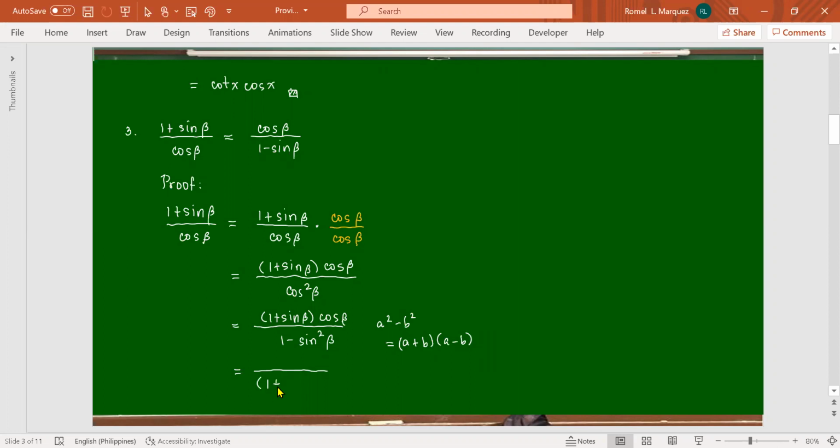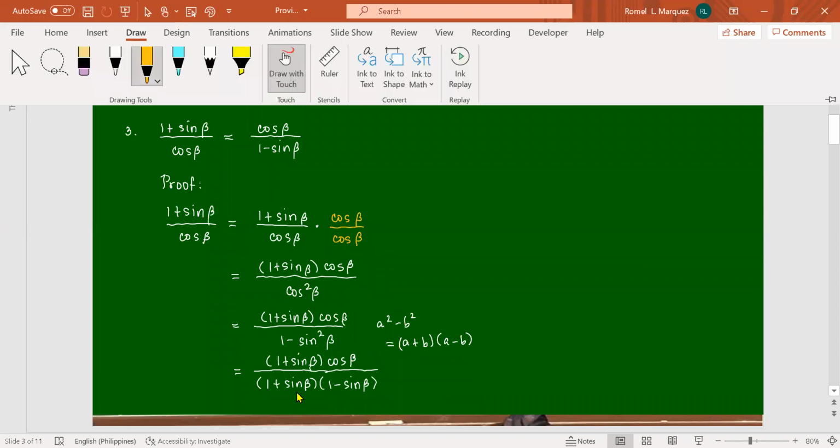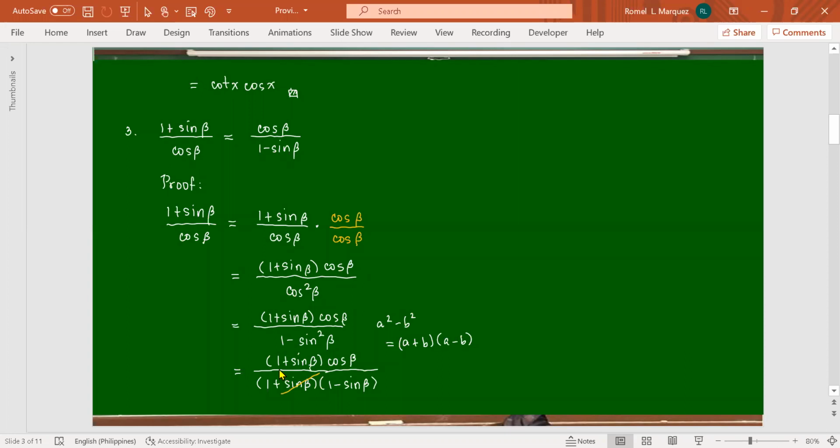So 1 plus sine beta multiplied by 1 minus sine beta. Okay, so we have in the numerator 1 plus sine beta times cosine beta. From here, there is a common factor in the numerator and in the denominator, so we can cancel this out. So we are left with what?